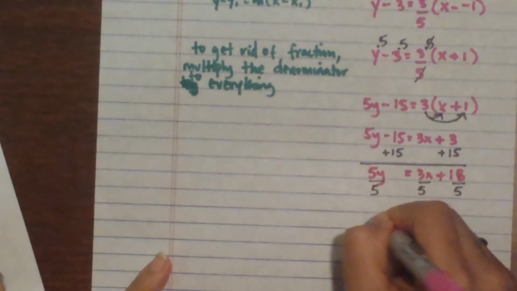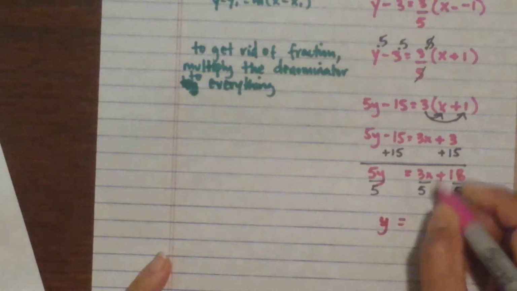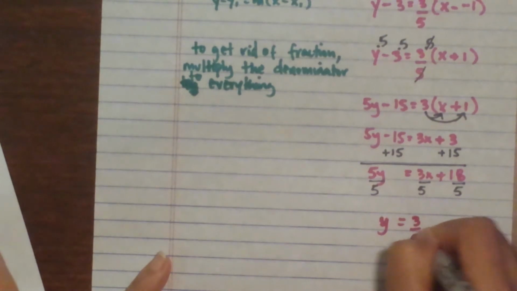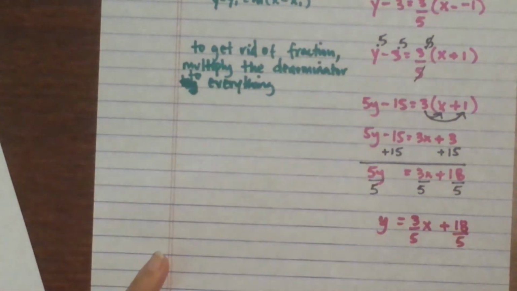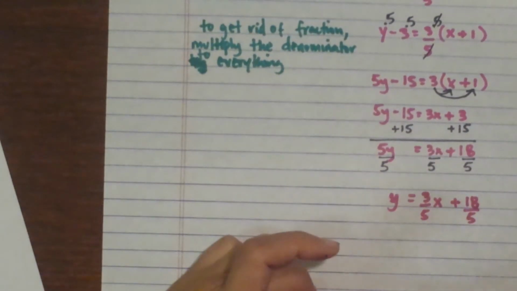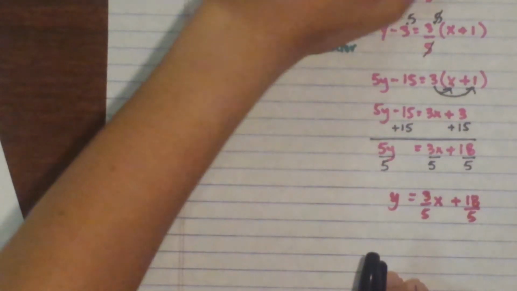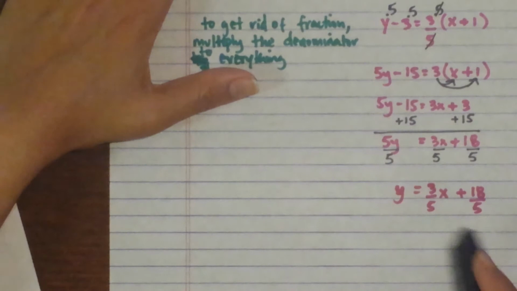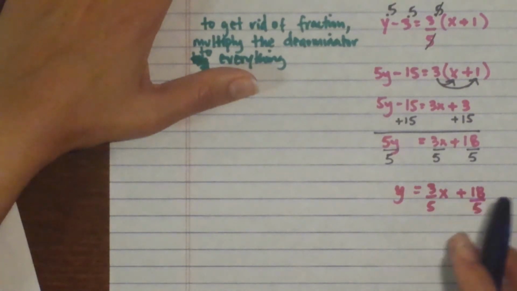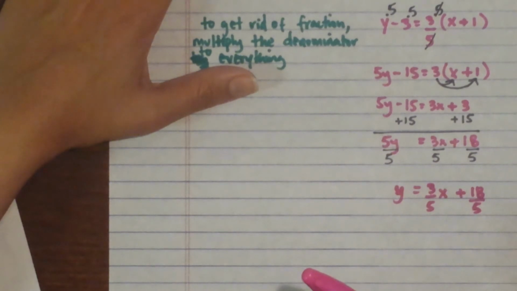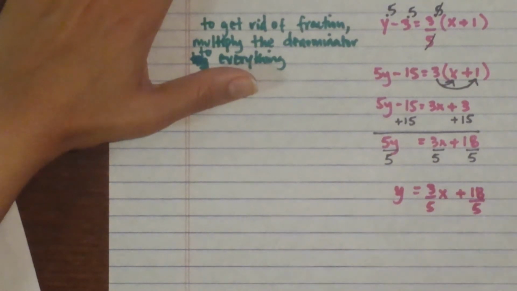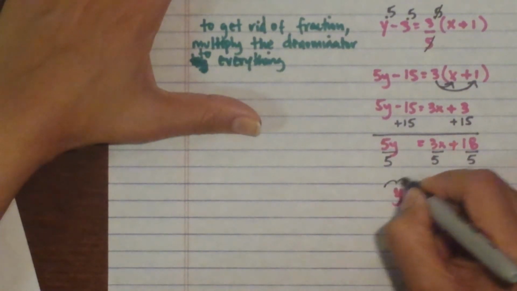So I'm going to get y equals 3 over 5 x plus 18 over 5. Now you ask yourself, is there any way you could simplify anything here? Because you always leave your equation in simplest form. Is there a number that goes into 18 and 5? No. Okay, so that's going to be the equation of my line.